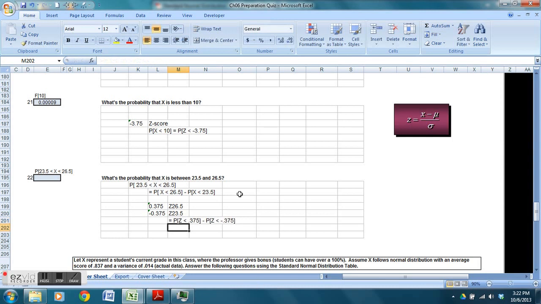Alright, so we can look 0.375 up in the standard normal table.